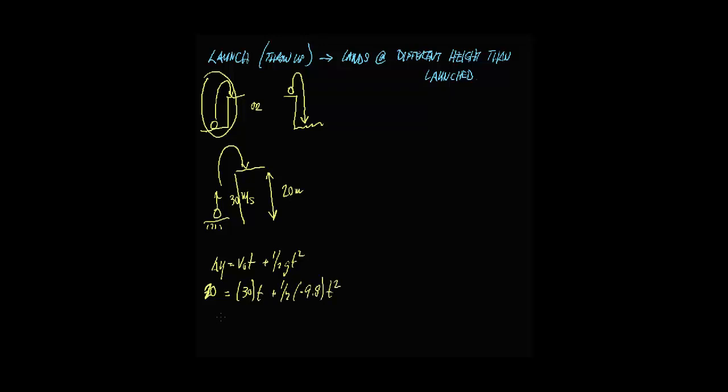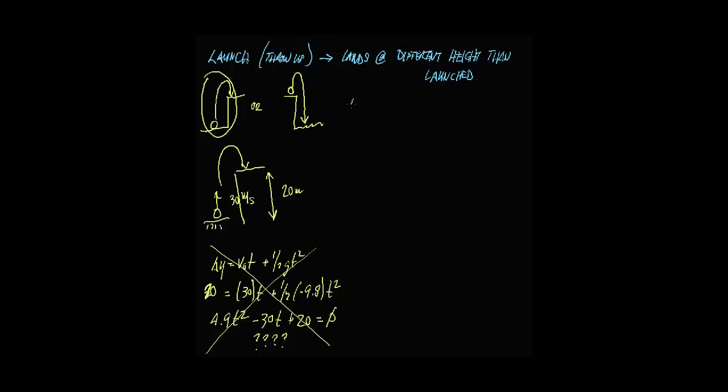What happens with this problem though is we end up with 4.9 t squared minus 30t plus 20 equals 0, and that actually is a quadratic equation. Unless you've dealt with quadratics before, they can be very messy even if you use the solution equation, and there are lots of places to make mistakes. So my preference is not to do it that way. You can if you understand it and you're good with the math.